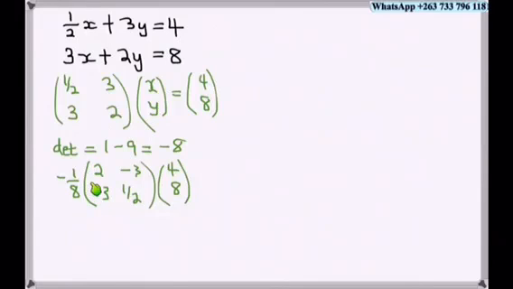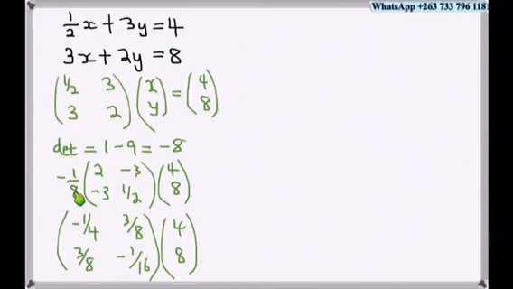Therefore, let's factor in this scalar first. Minus 8 times 2, 2 will cancel 8 to give us 4. This will become minus a quarter. Minus 8 times minus 3 will become positive 3 over 8. This will become positive 3 over 8, and this will become minus 1 over 16, since minus 1 times 1 is minus 1, 8 times 2 is 16.